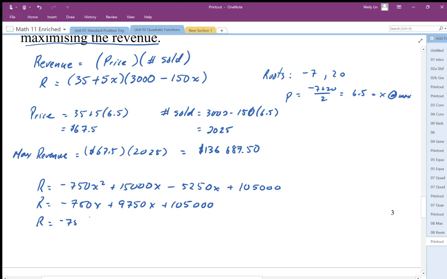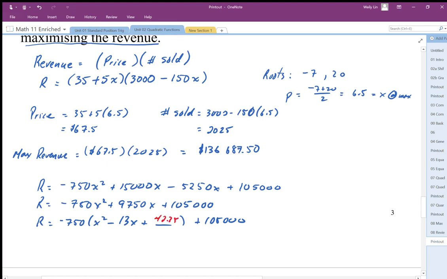Now I can complete the square. I'm going to factor out the 750. 9750 divided by 750 is going to give me 13x plus blank plus 105,000. I'm going to take half of 13 and square it, and I get 42.25.